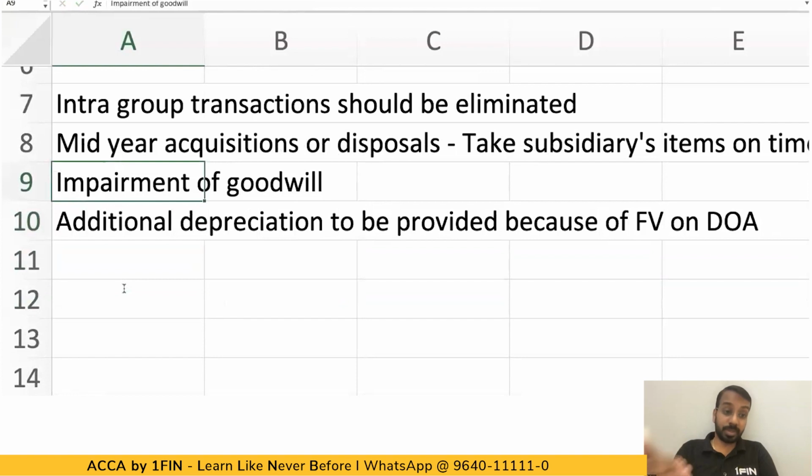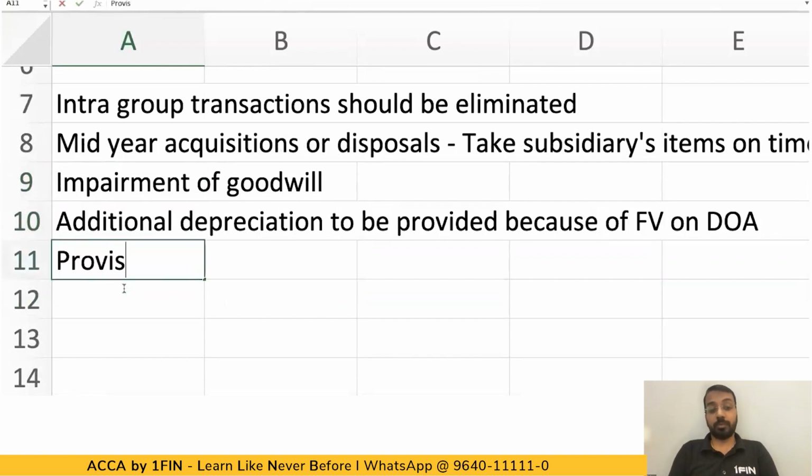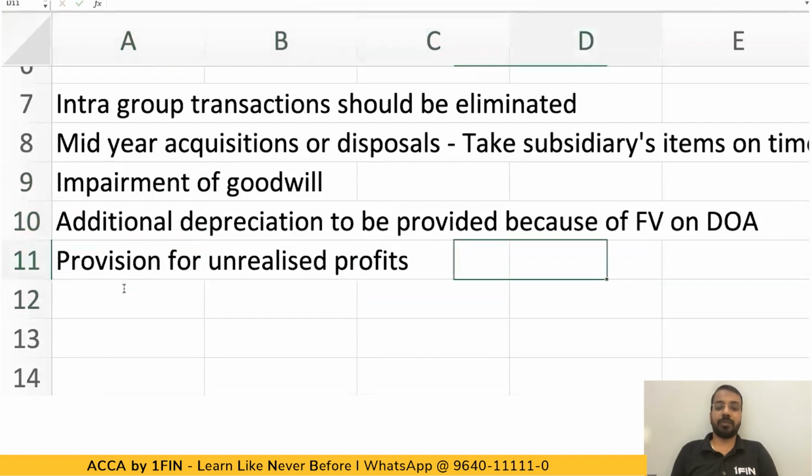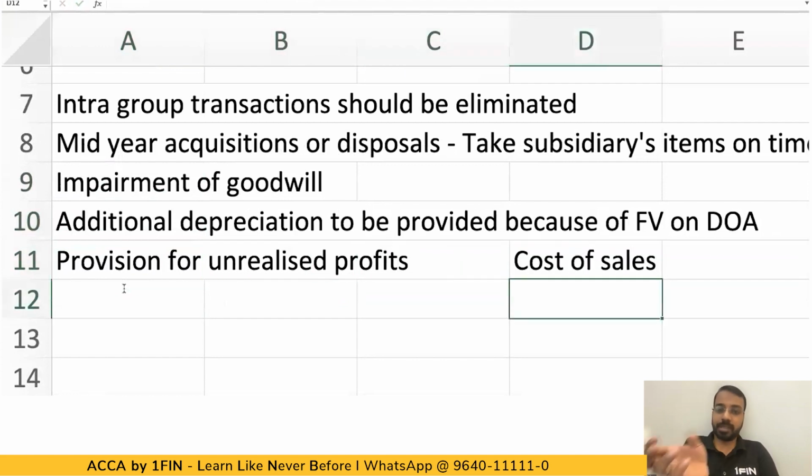So there may be additional depreciation that you need to provide, or there could be provision for unrealized profit. All of these items must be adjusted at the respective places. For example, provision for unrealized profits, you will adjust it against cost of sales. So whatever is the provision for unrealized profit on inventory that you have calculated, you have to adjust it against the cost of sales, right?